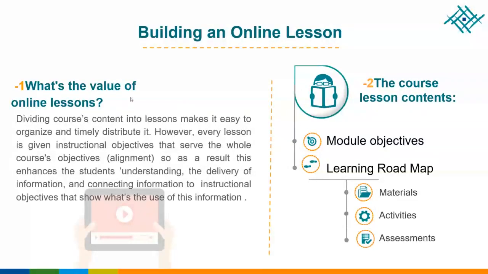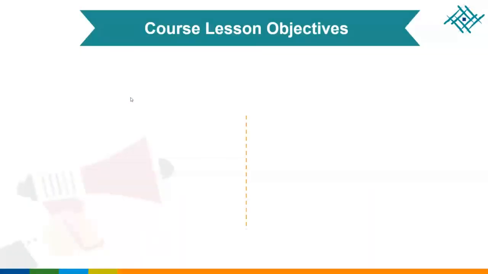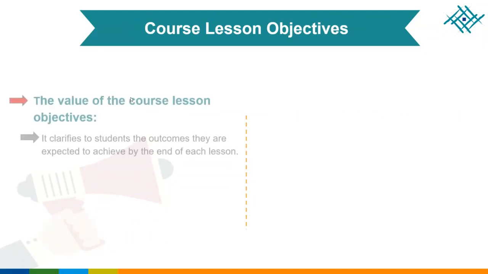And the course lesson objectives, the value of the course lesson objectives, it clarifies to the students the outcomes they are expected and how to achieve it by each lesson.